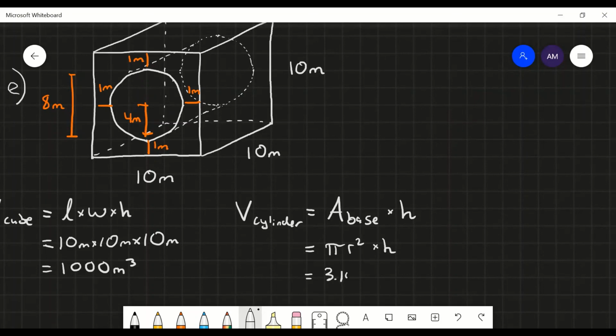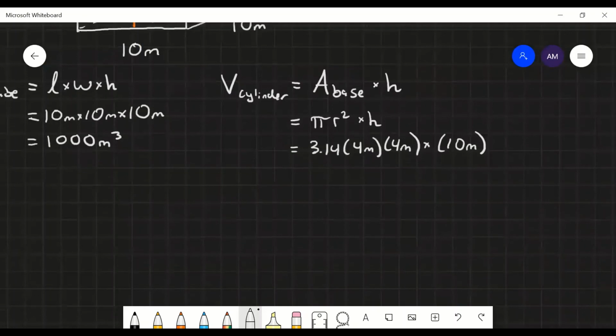So 3.14 times 4 meters squared, so times 4 meters again, times the height, which is 10. Let's put that into a calculator: 3.14 times 4 times 4 times 10 is 502.4. So a little over half of this is cylinder.